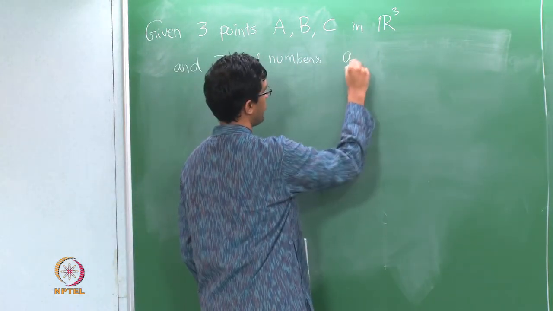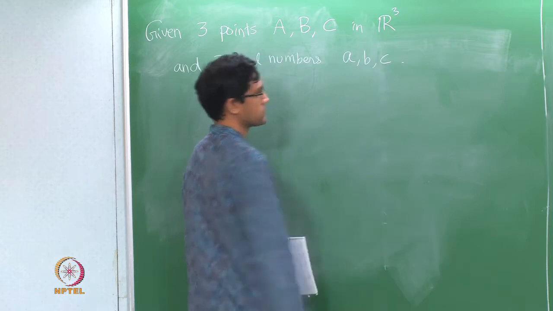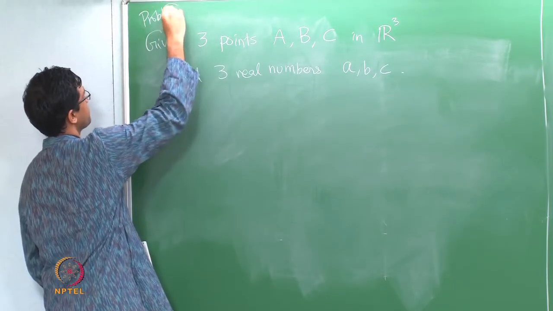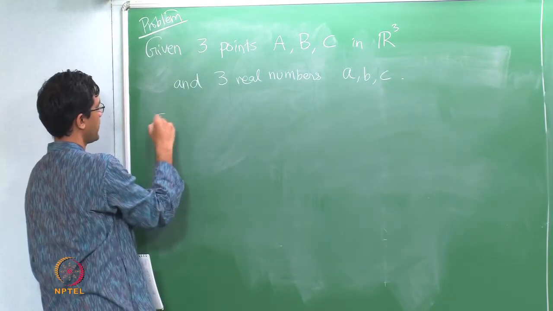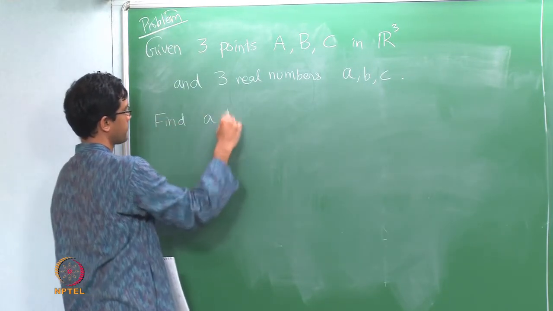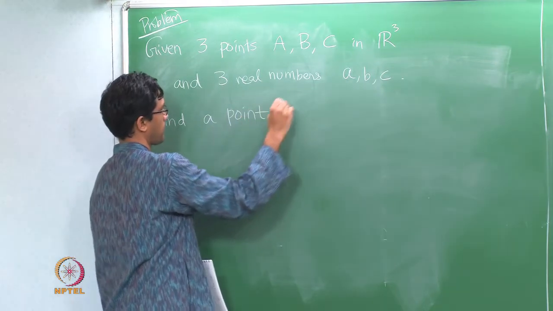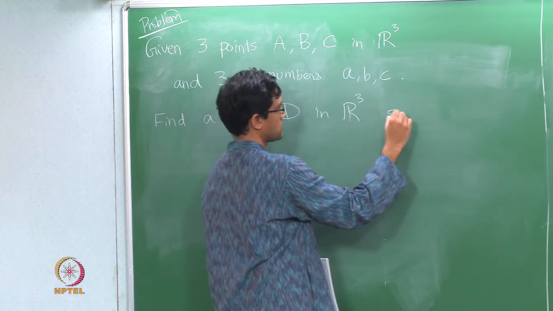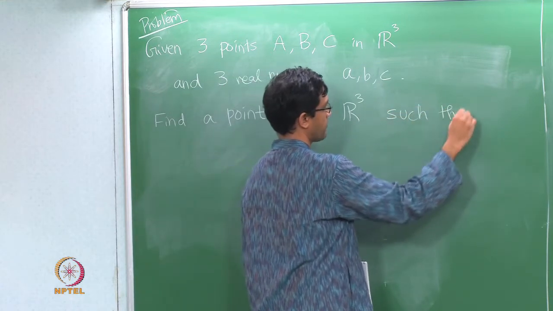Okay, so what shall we call them? A, B, C, just arbitrary real numbers. So here is the problem: given 3 points in R3 and given 3 real numbers A, B and C, find a point D in R3 such that it is satisfying the following conditions.